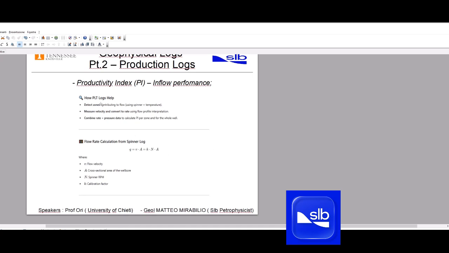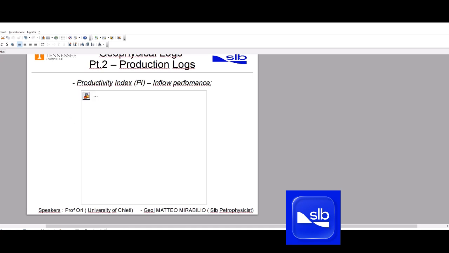But what is most important is how to use the production log, PLT logs. It is really important in establishing the productivity index PI and flow performance, because through PLT logs we try to detect the zones and geological areas that have a high contribution to inflow of oil or gas, and establish the velocity of inflow, convert to rate also, using flow profile interpretation with this formula.